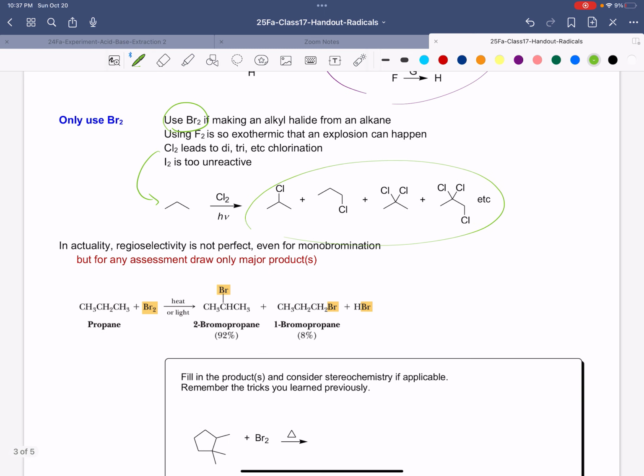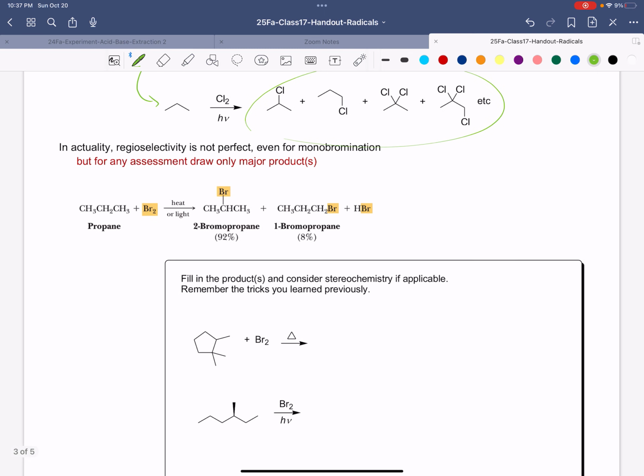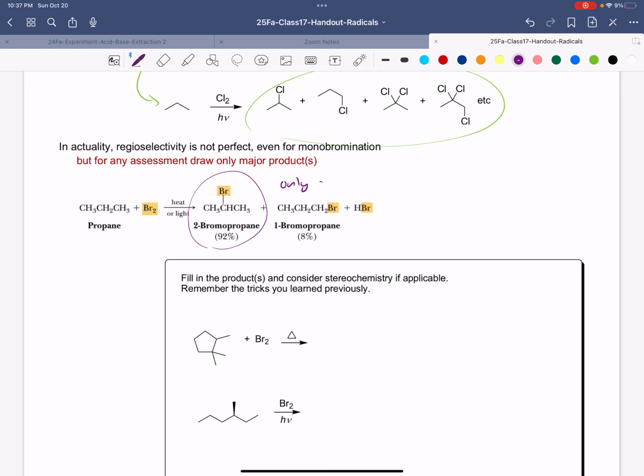But even for monobromination, Br2, we get a mixture. We only need to draw, on any assessment, any exam, the major. So only draw the major.